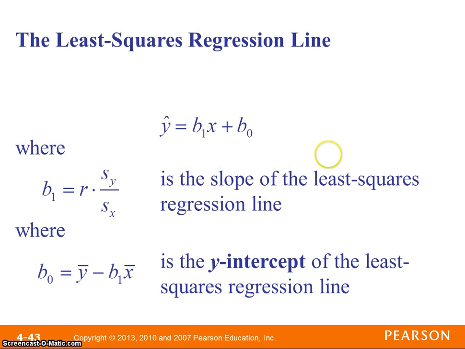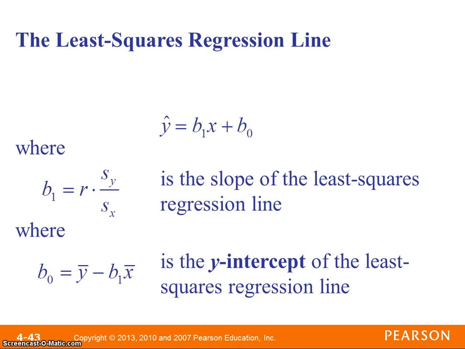The actual regression line itself is given by this equation: y hat equals b sub 1 x plus b sub 0, where b sub 1 is the correlation coefficient we saw in 4.1 times the standard deviation of the y coordinates over the standard deviation of the x coordinates. That's the slope of your regression line. You can also calculate b1 using the formula in the margin on page 210 below the historical note on Legendre.